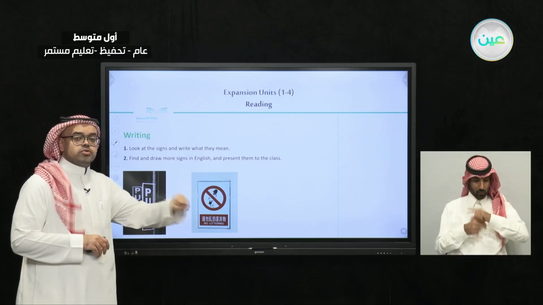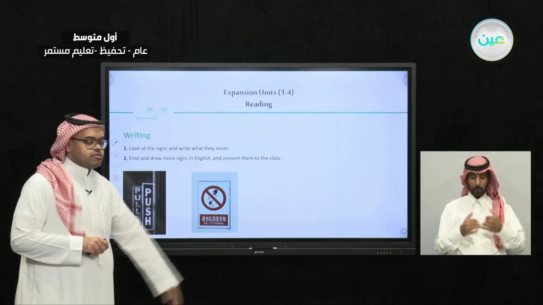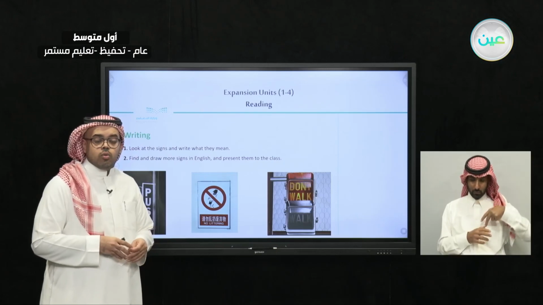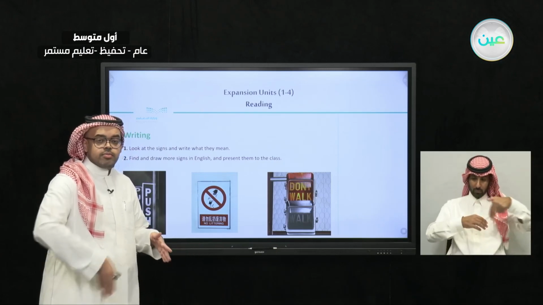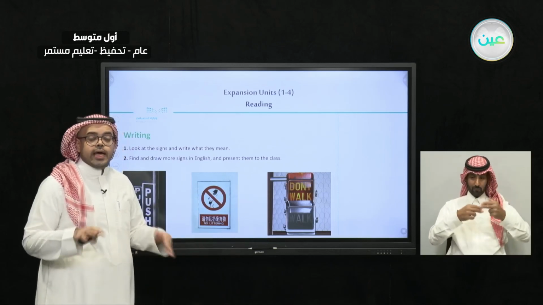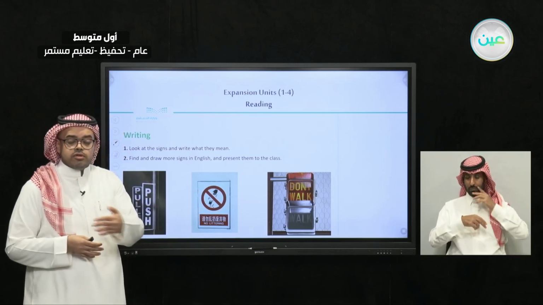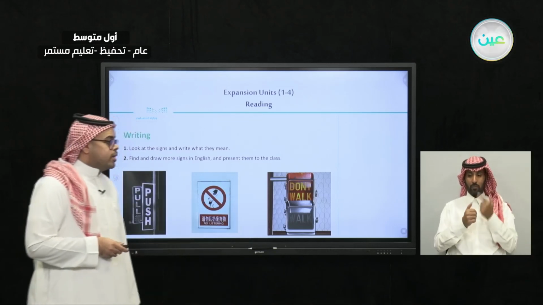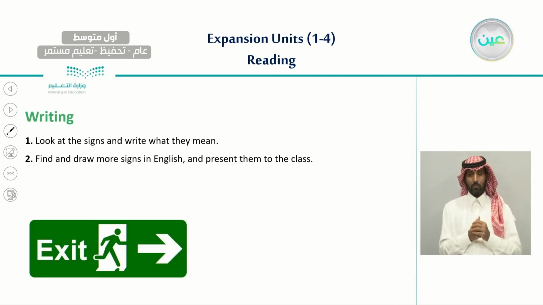It's forbidden to throw garbage and cans and stuff. Also here we have the other sign. If you want to walk on a street, or as they say, the pedestrian line, you will see the sign, do not walk, as there will be cars crossing. Do not walk. So this is also what the sign means.